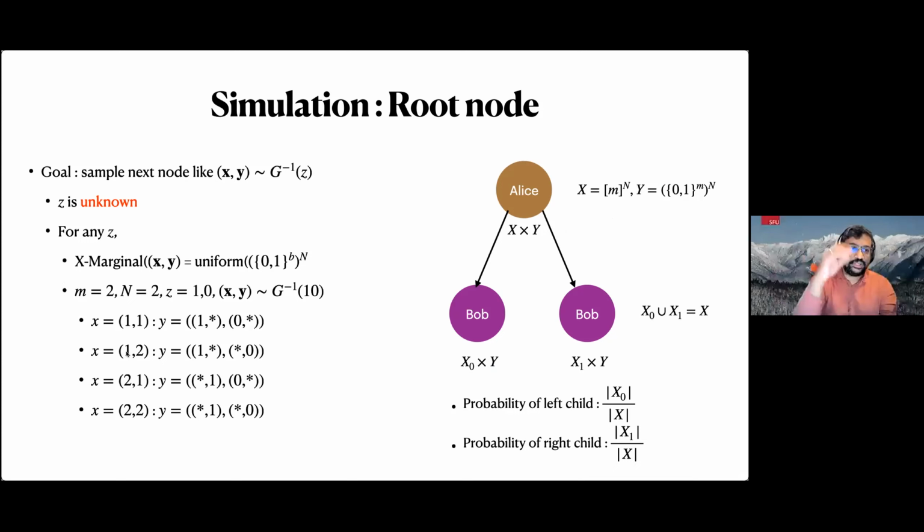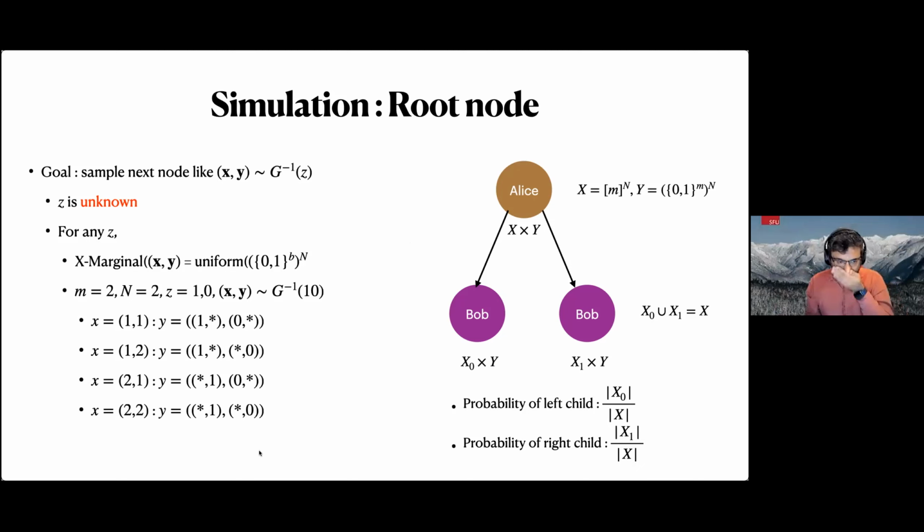Remember, in the simulation algorithm, our goal was to sample a path according to the distribution XY, which is uniform from G inverse of z. To do that iteratively, we would like to sample the next node among the children of this root node according to this distribution.